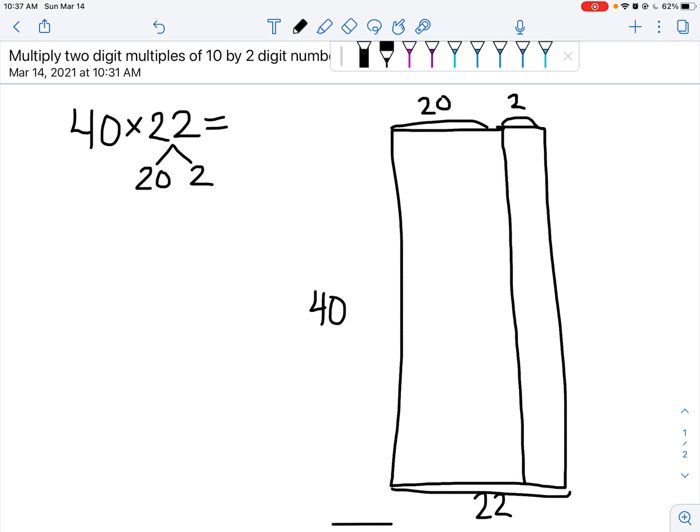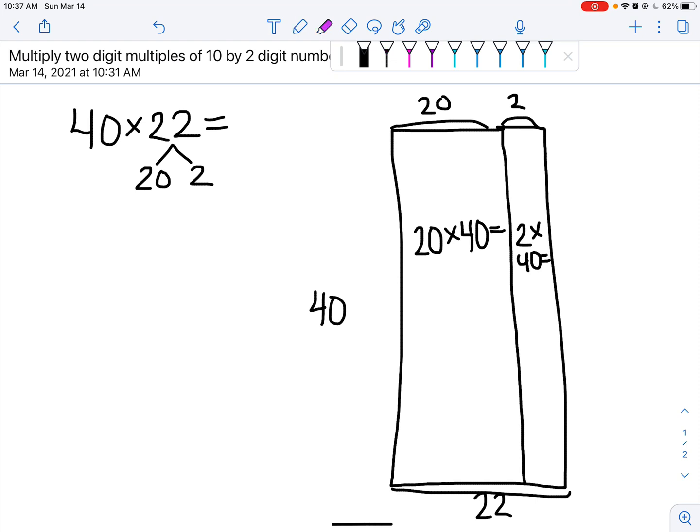Now I have two rectangles that I want to find the area of. So to find the area of this larger, longer one, I would do 20 times 40. And you guys now know how to multiply multiples of 10. And for this second rectangle, I would do 2 times 40. And I've left myself very little room with my illustration here, right?